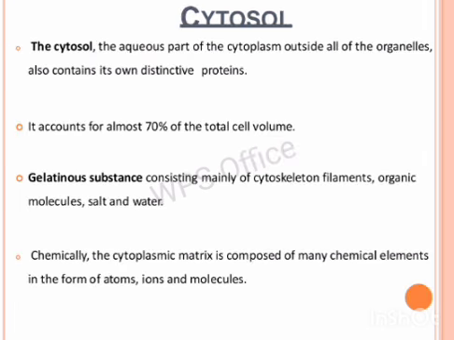Cytosol is the aqueous part of the cytoplasm outside all of the organelles, and also contains its own distinctive proteins. It is 70% of cell volume. Many gelatinous substances are present, like cytoskeleton, filaments, organic molecules, salt and water.